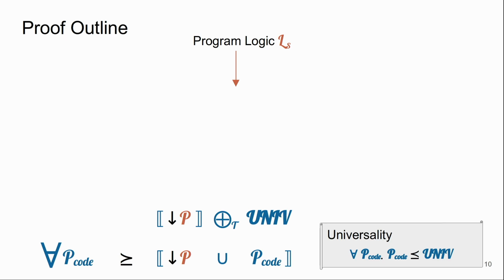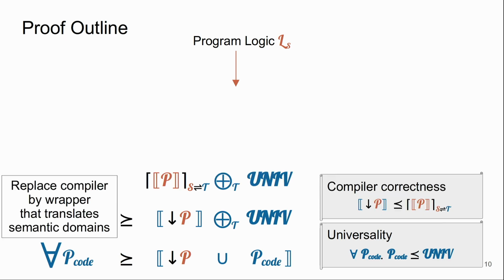Next, we replace the compiler by a semantic wrapper that translates between the semantic domains of the source and target languages. That is, we prove the compiler correctness theorem that the compiled program refines the source program when translated by the wrapper.